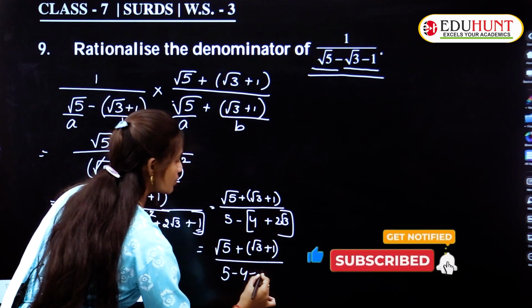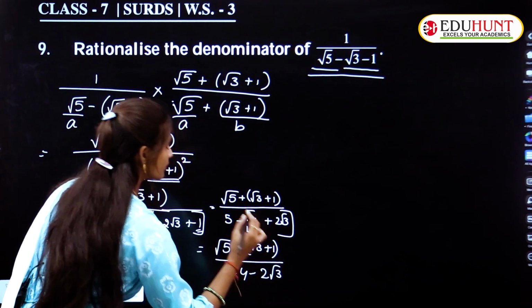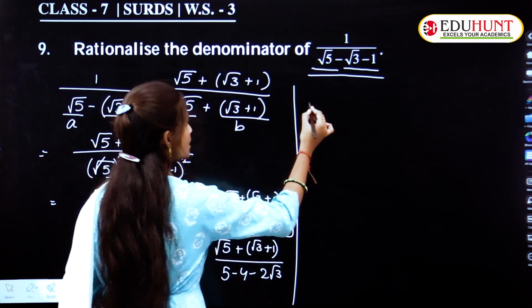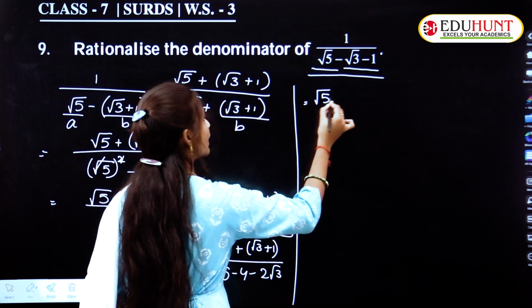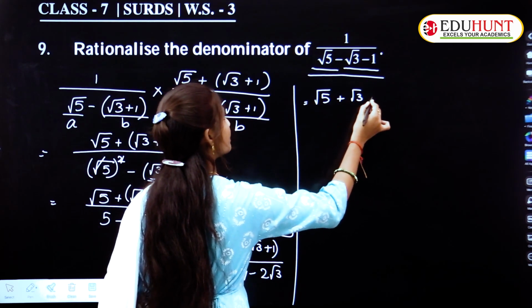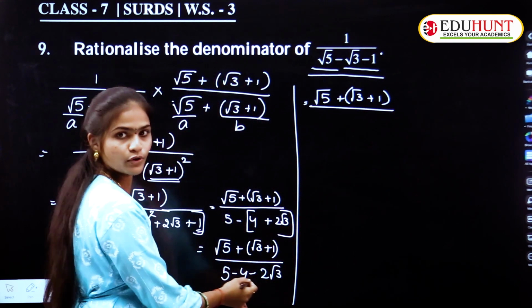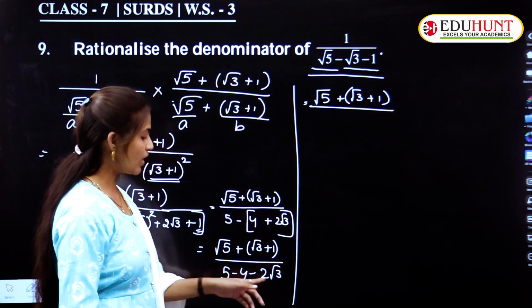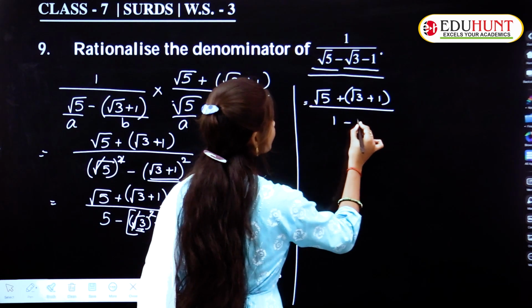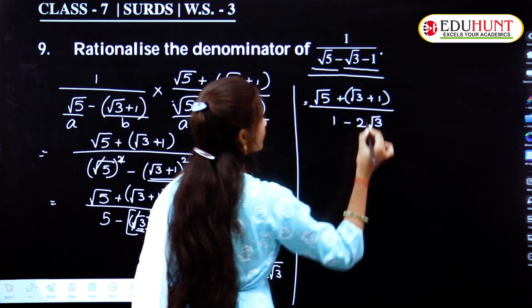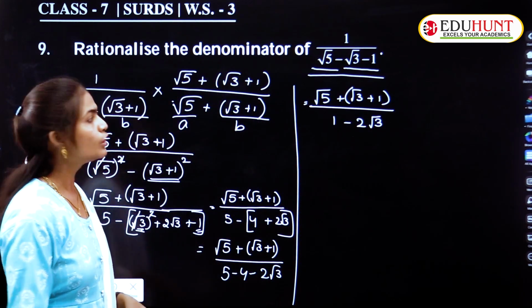Minus into plus is equals to minus 2 root 3. So, which is equals to root 5 plus root 3 plus 1 whole by 5 minus 4 is equals to 1. So, 1 minus 2 root 3. Okay, 1 minus 2 root 3.